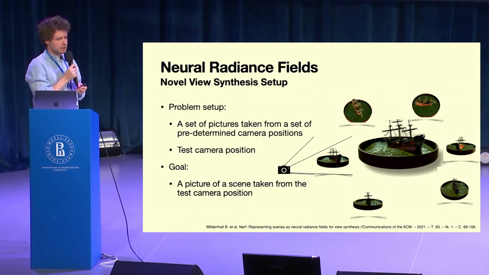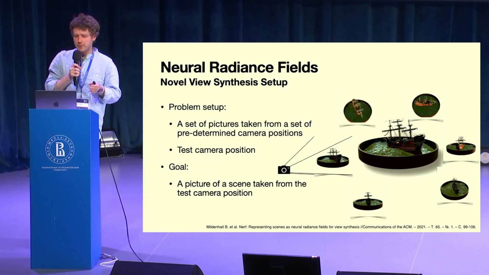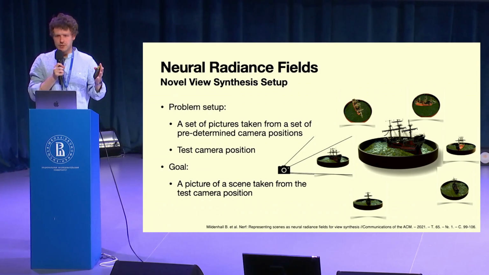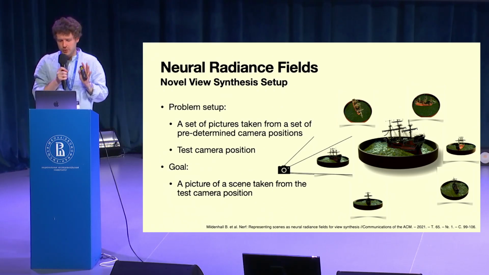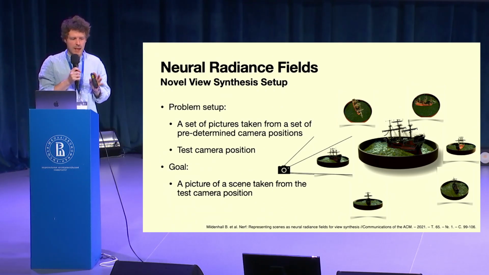And the task is formulated in the following way. We have a set of images of a 3D scene taken from different viewpoints. For simplicity, you assume that you know these viewpoints in advance. It's not hard to reconstruct these viewpoints, and we'll assume that we know them.